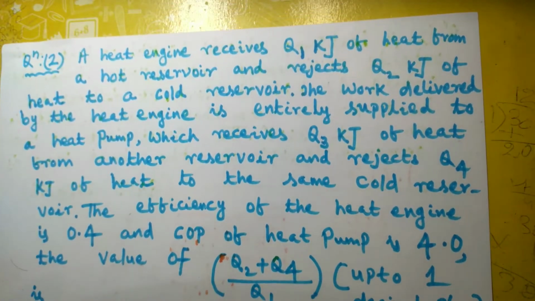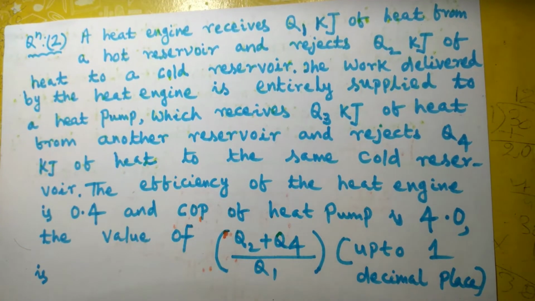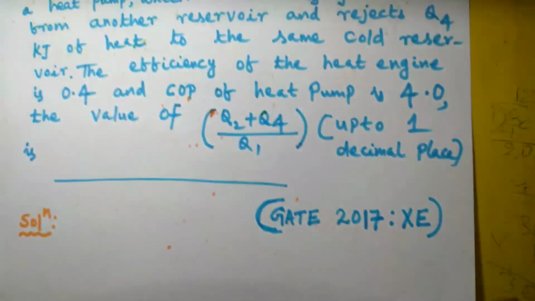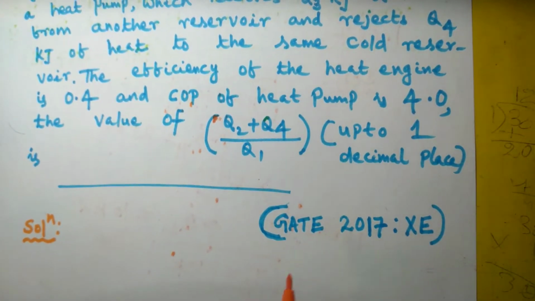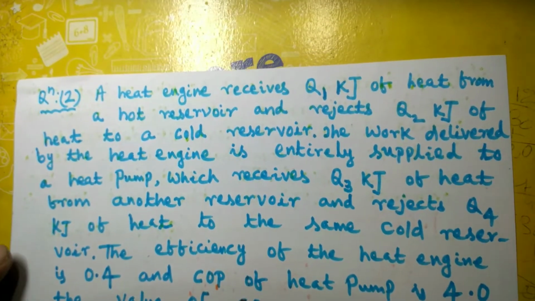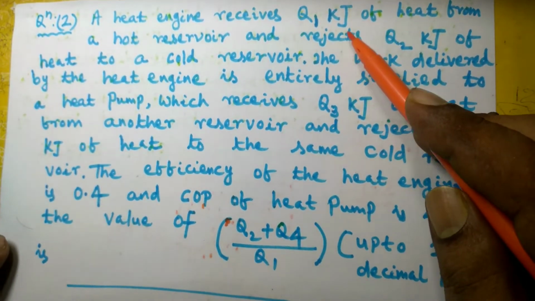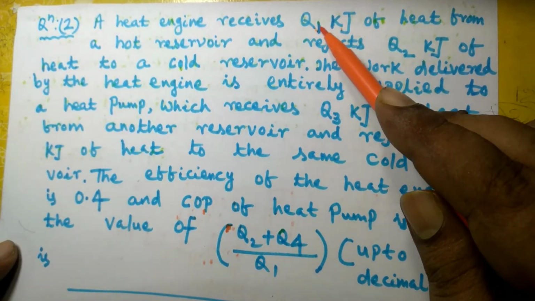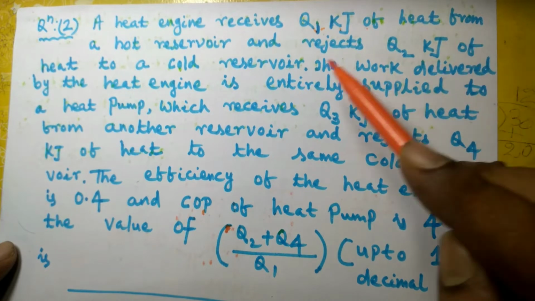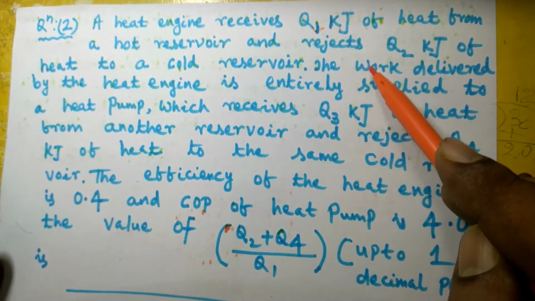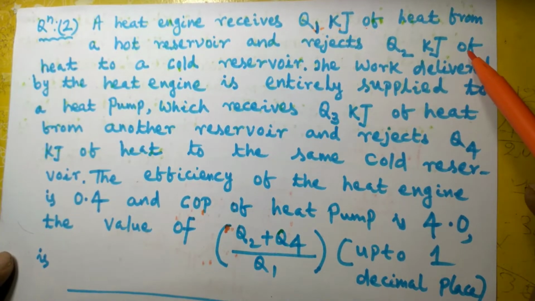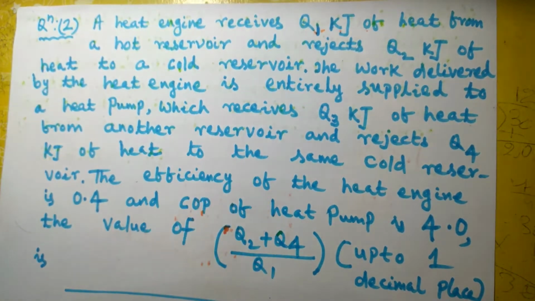So the next question is like this. This was asked in GATE 2017 XC. A heat engine receives Q1 kilojoule of heat from a hot reservoir and rejects Q2 kilojoule of heat to a cold reservoir.